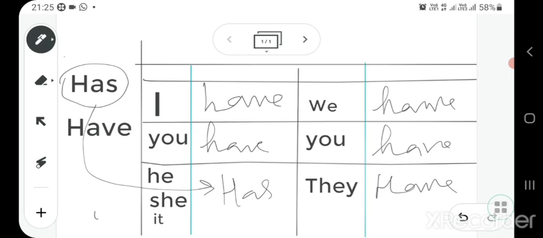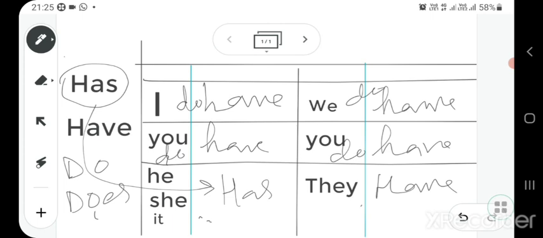And the same is the case with do and does. That means do comes with I, do comes with we, do comes with you in the singular and in the plural form.